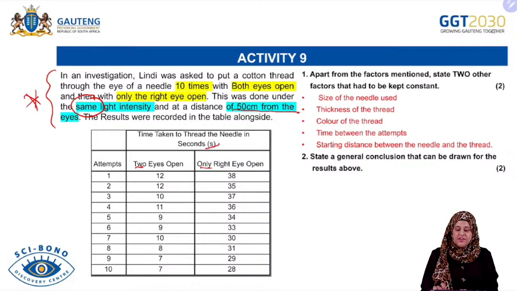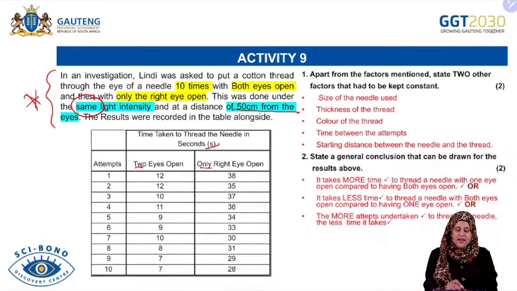And then a general conclusion that can be drawn from here is that if you look at this, it says only 1 eye open, right? And here with 2 eyes open. So we can come to a conclusion by saying it takes more time to thread the needle with 1 eye as compared to 2 eyes. Because if you look at this 12:38, right, you can see the difference here.